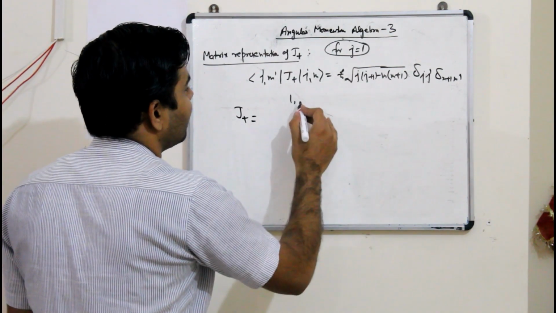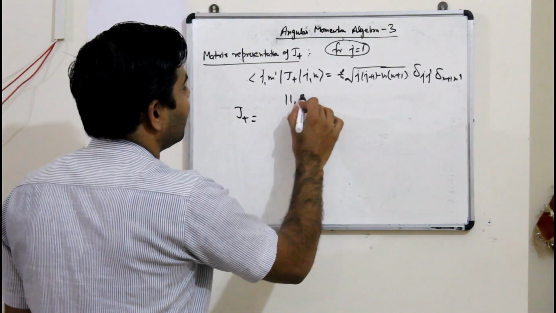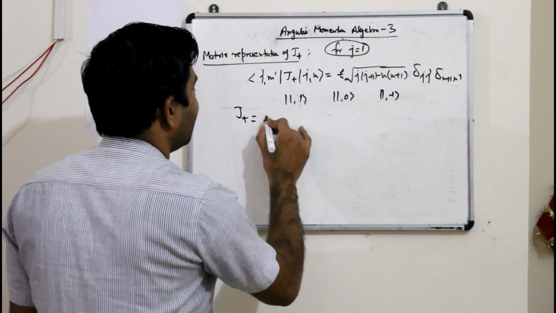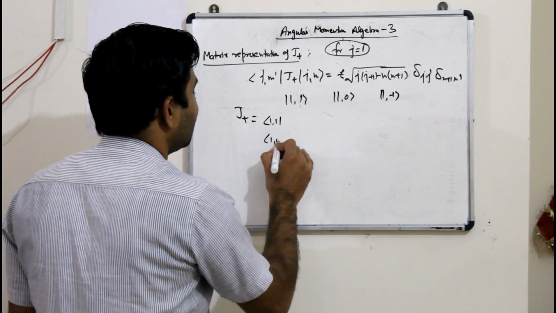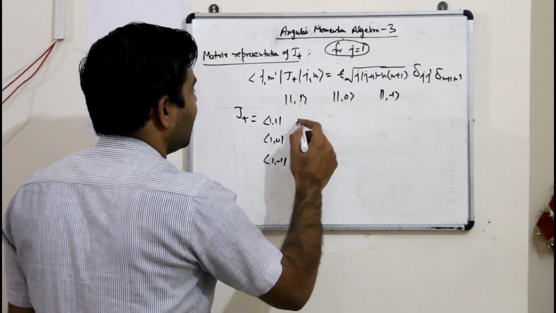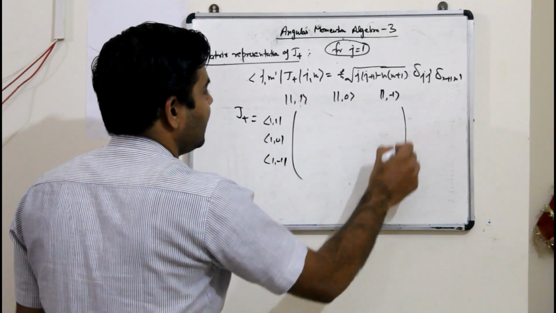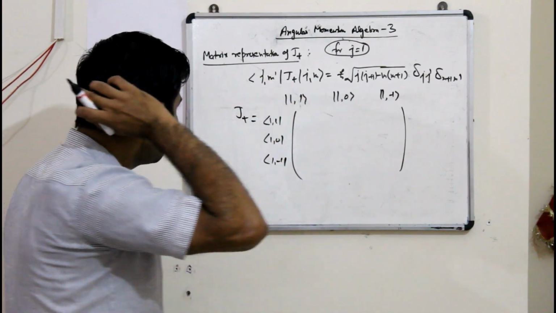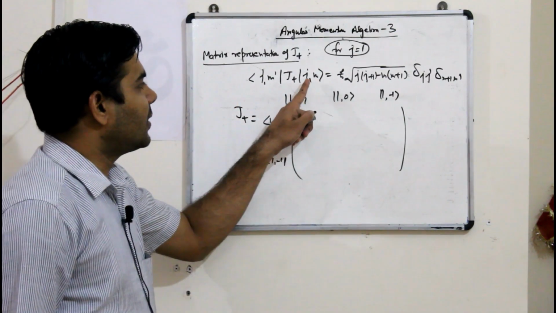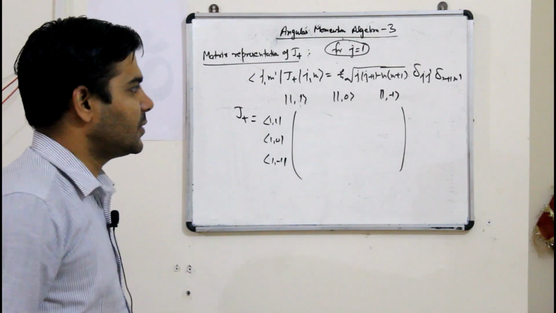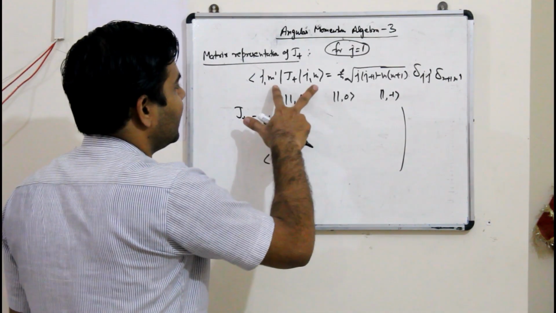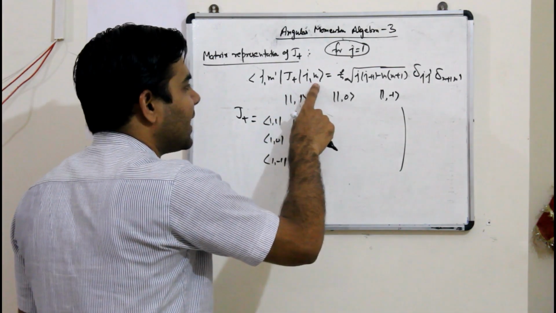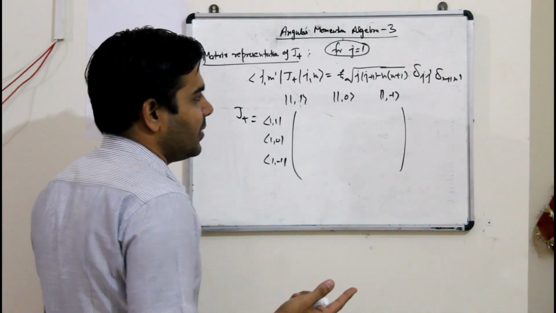The states are the same for j equal to 1: 1 1, 1 0 and 1 minus 1, similarly 1 1, 1 0 and 1 minus 1. So let's have a look at the matrix elements. For the first element, this will be 0, because I've just discussed that the diagonal terms will be 0 this time, because in the diagonal terms both m and m' would be the same, but the action of J plus raises m by 1 on the right.